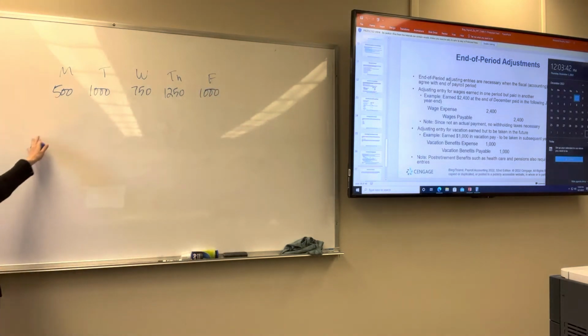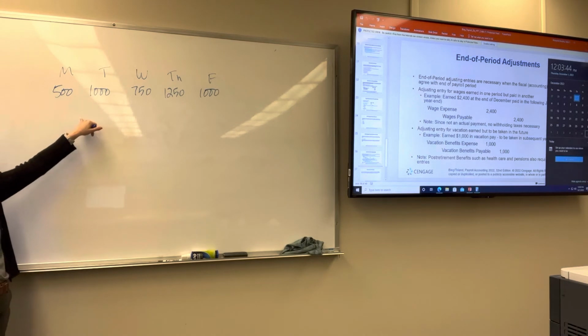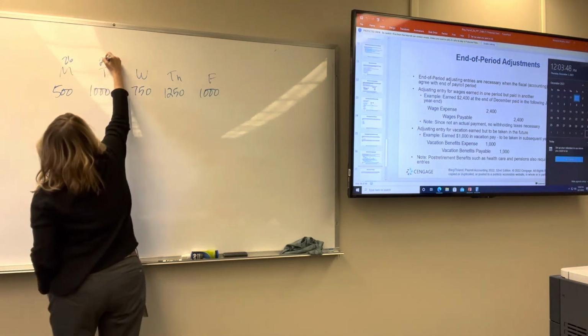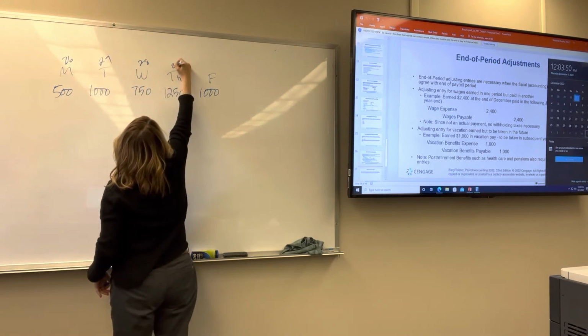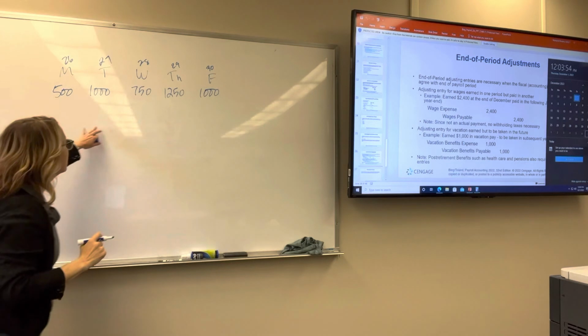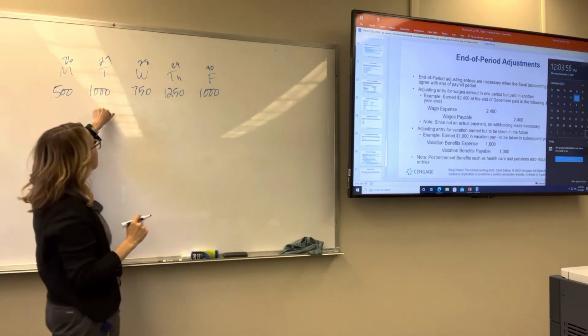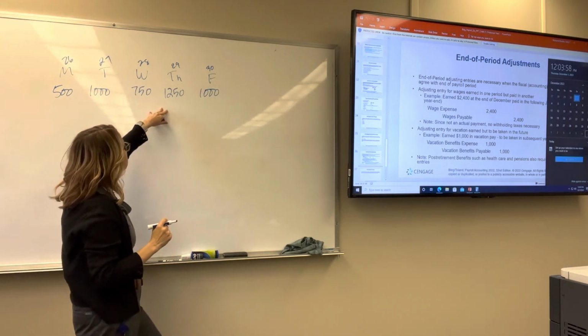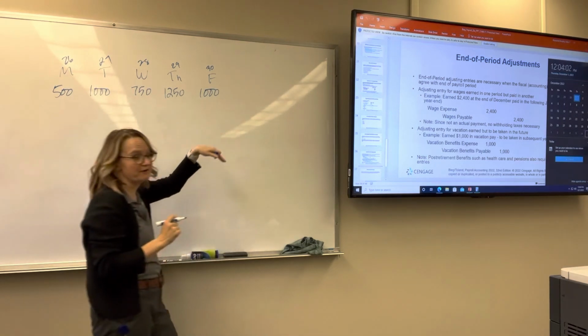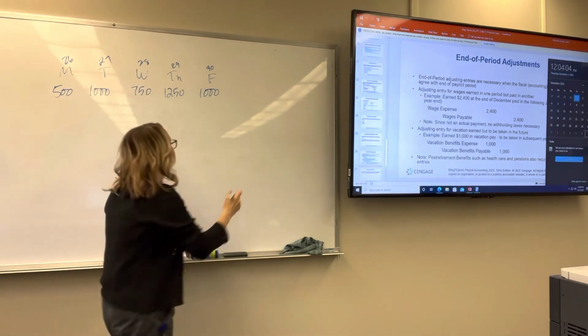So these are all of our accrued wages during that week. Again, so we've got the 26th, 27th, 28th, 29th, and 30th. So we add all those up. We've got 1,500, then 2,250, 3,500, 4,500 total for our wages, right?